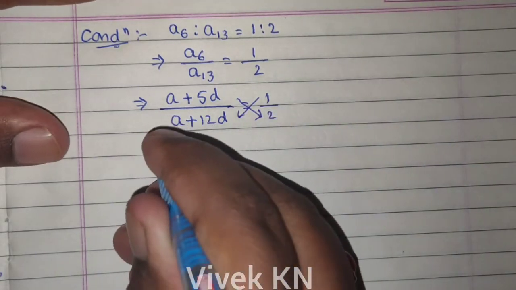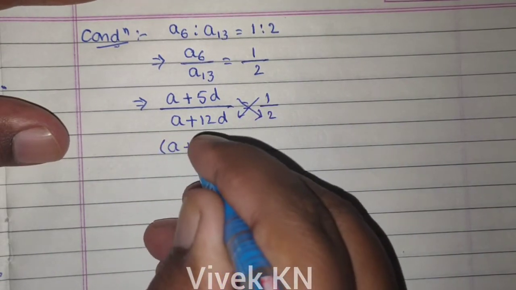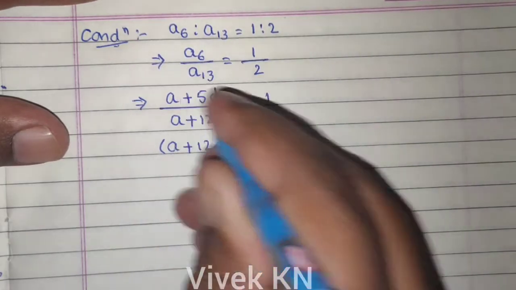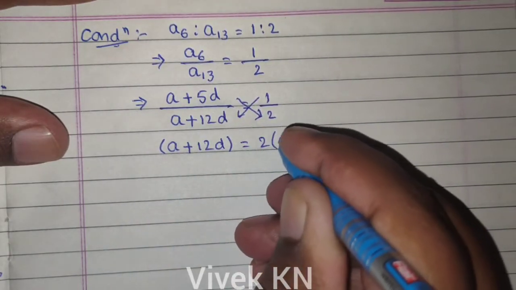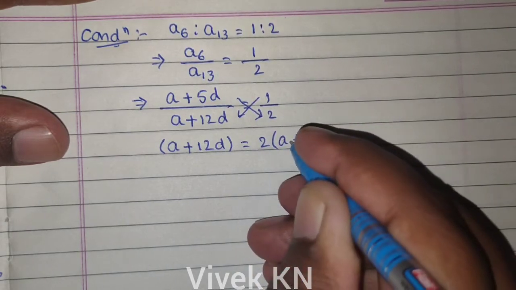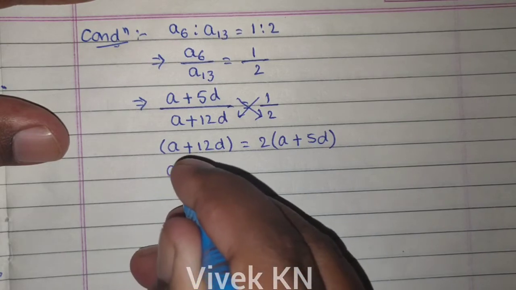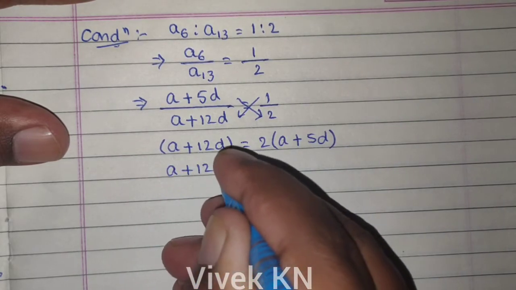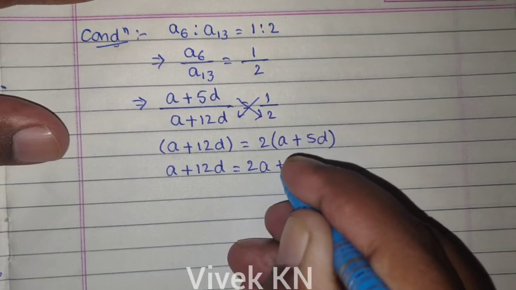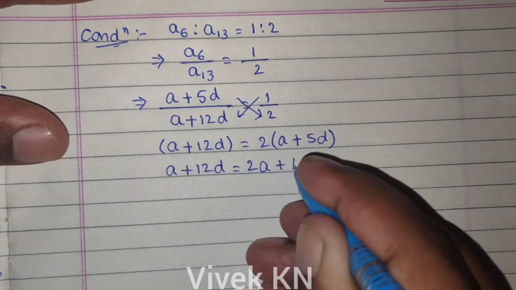That is, a plus 12d is equal to 2 into a plus 5d. That is a plus 12d is equal to 2a plus 2 into 5d is 10d.